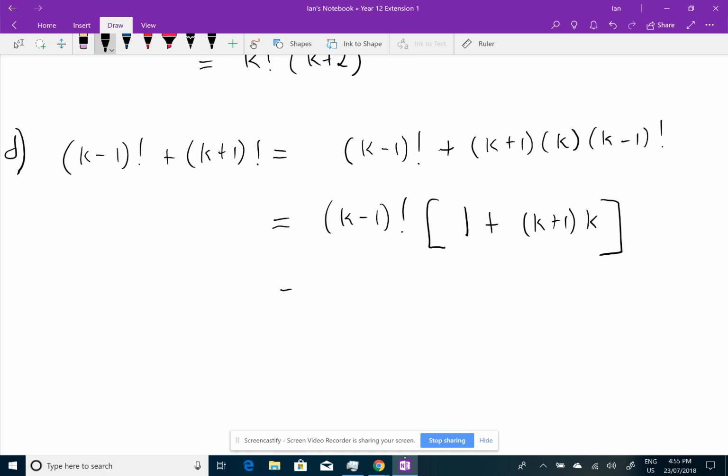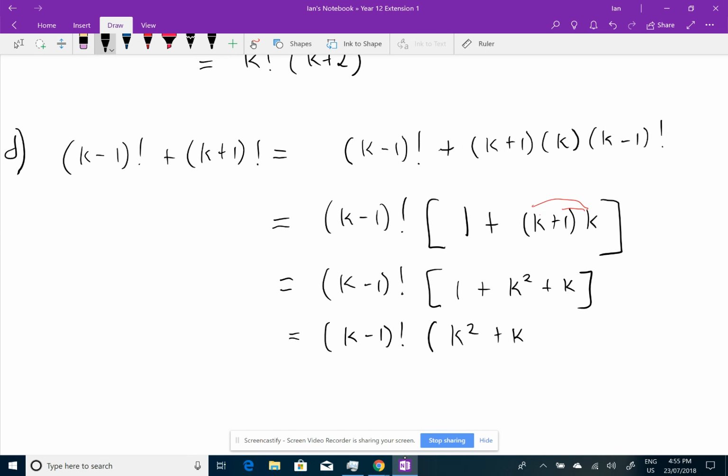That'll give me k minus 1 factorial, and here I get 1, and I just do this little expansion here, k and 1, which will give me k squared plus k. That's a quadratic, k minus 1 factorial, and that's k squared plus k plus 1, which is the answer.